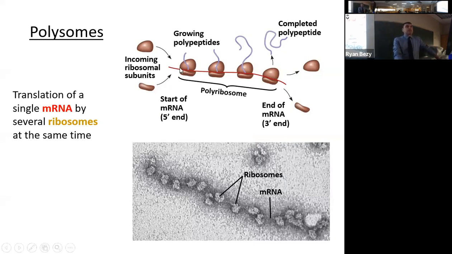This is not meant to be a timed image over time. This is supposed to be a static image, an instantaneous snapshot. It's one messenger RNA being bound by 1, 2, 3, 4 different ribosomes. That's an example of a polysome.